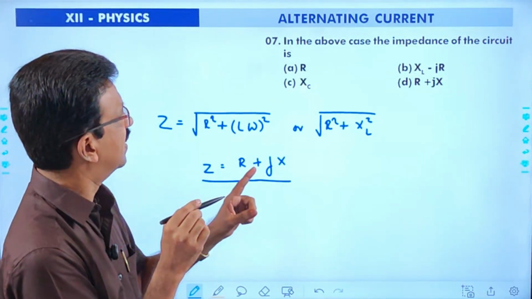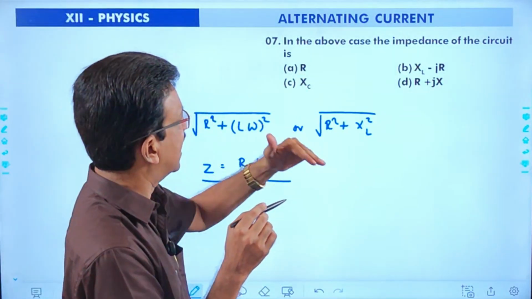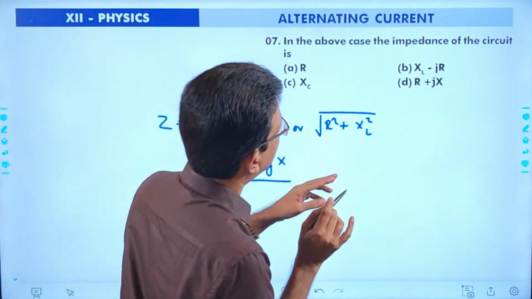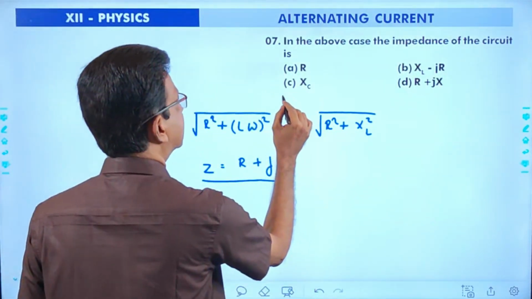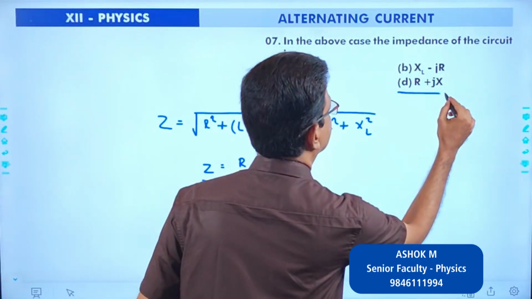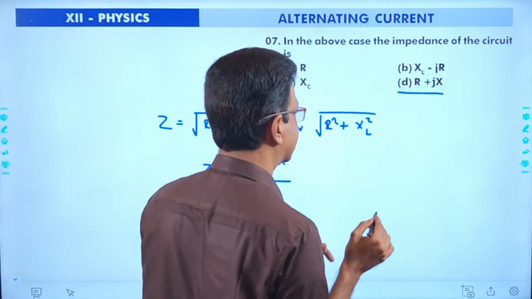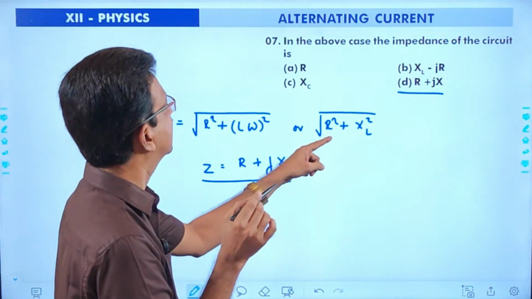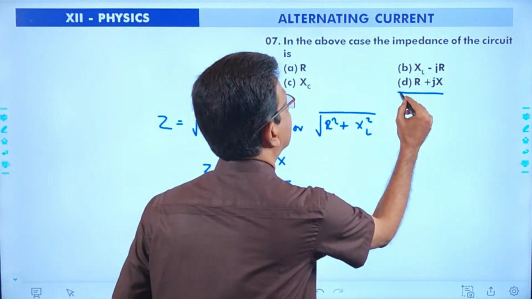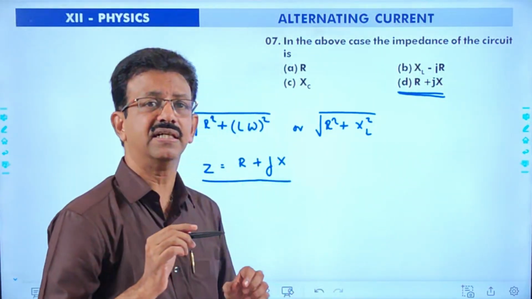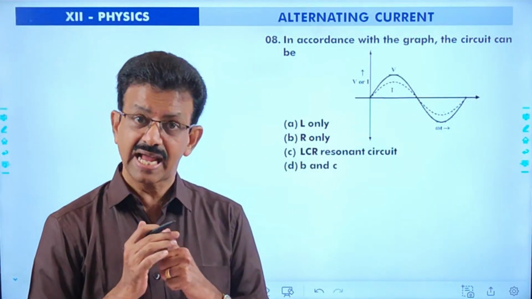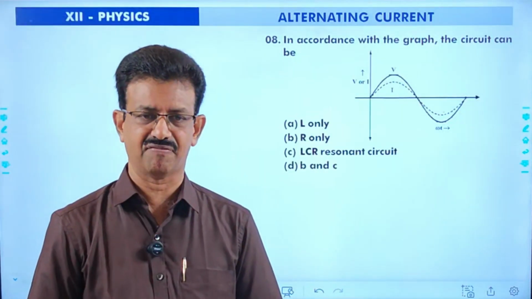Now, in the given question, for the LR series AC circuit, choice A is wrong, choice B is wrong, and choice C, XC, the capacitive reactance, is also wrong. The correct answer is R plus jX, or root of R squared plus XL squared. So choice D is the correct answer, impedance equal to R plus jX.